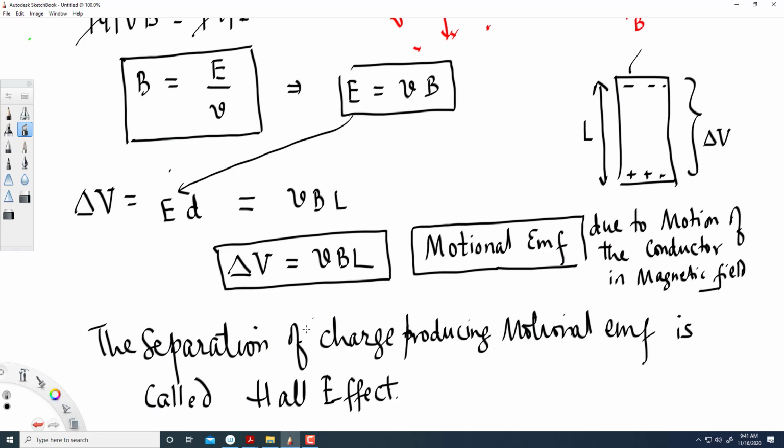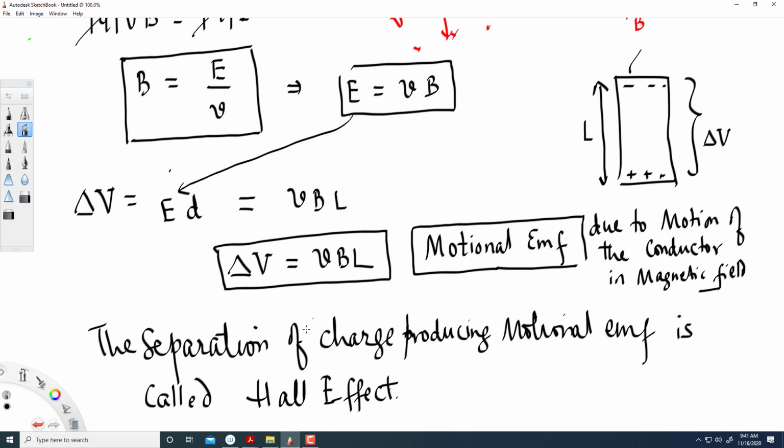Any question on this one? This is the principle on the basis of which lots of sensors were developed, like the metal detector we use at the airport, and there are other different principles that are based on this.